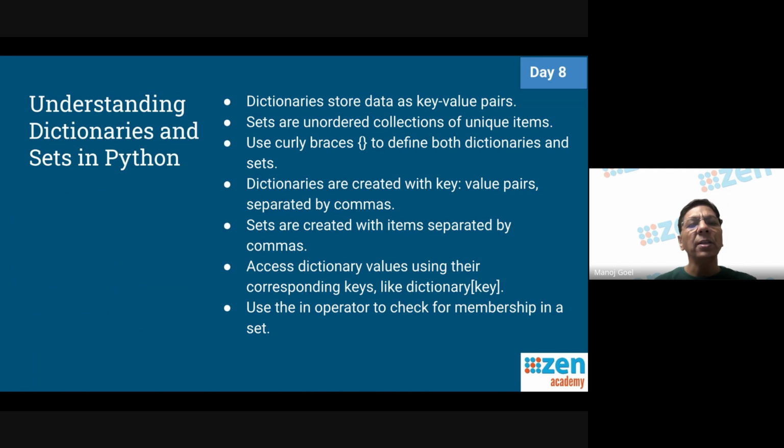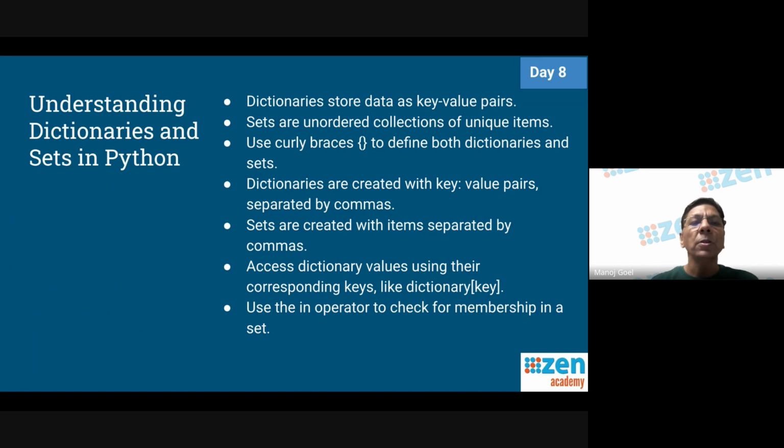in the set, let's say I'm having the values only. Here we don't have key values. I have the values. So let's say apple, banana, cherries.